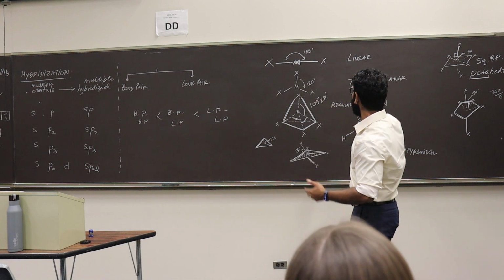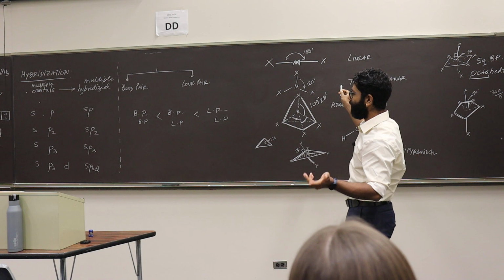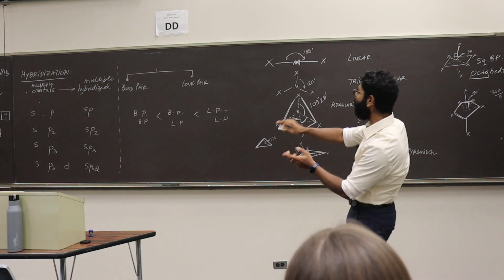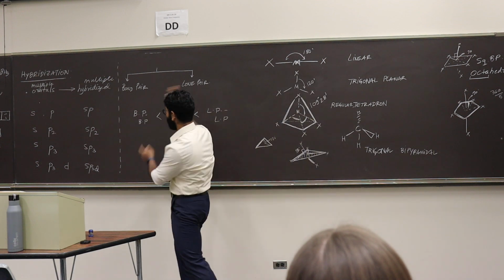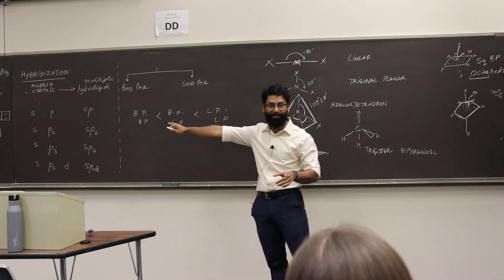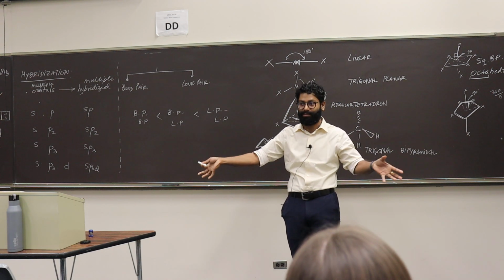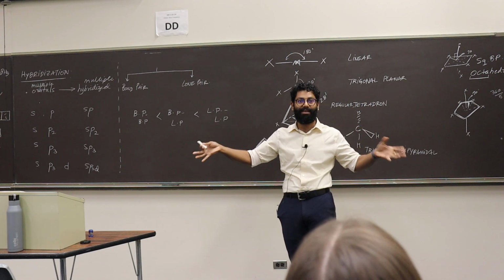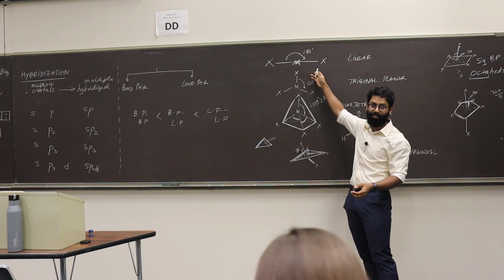For example, for linear, if you give me an example, now I think you would know how these things were getting translated. For sp hybridization, where you have 2 hybrid orbitals, you're getting a linear shape.